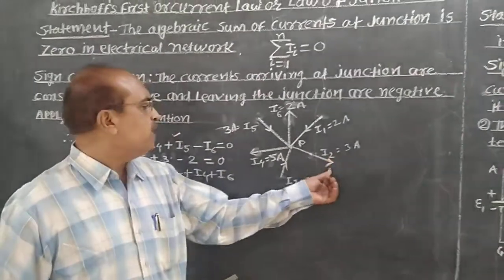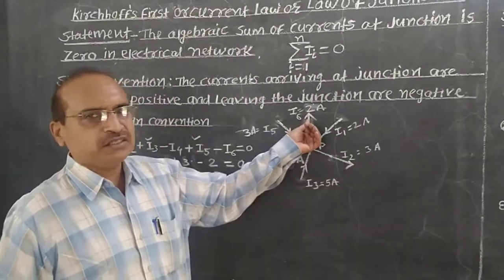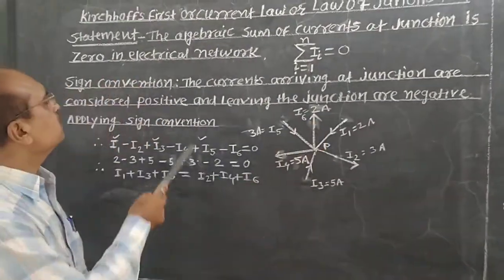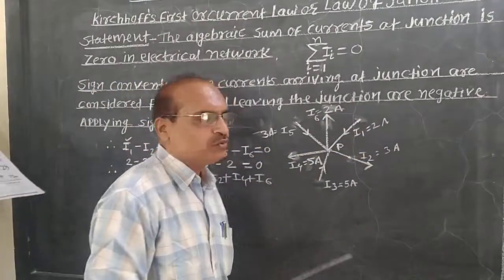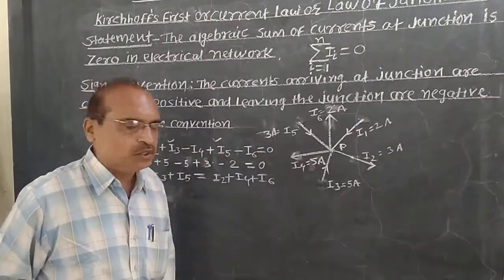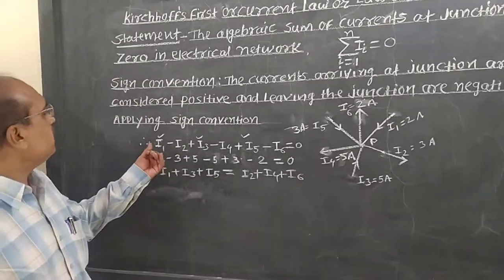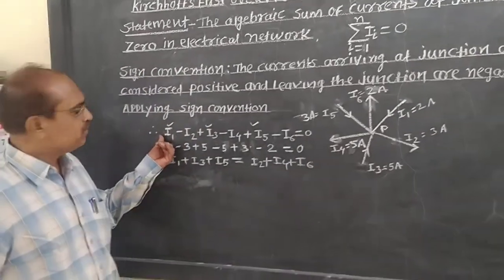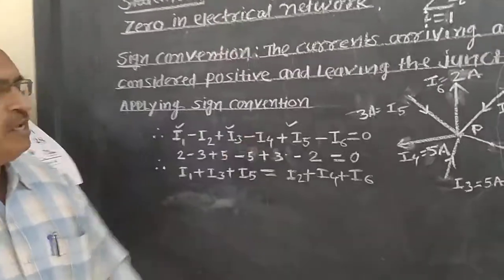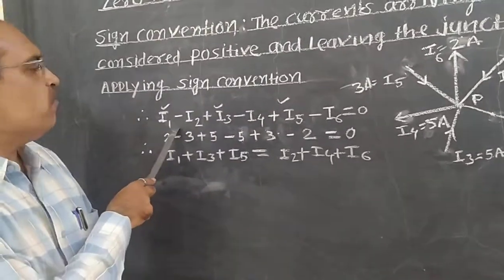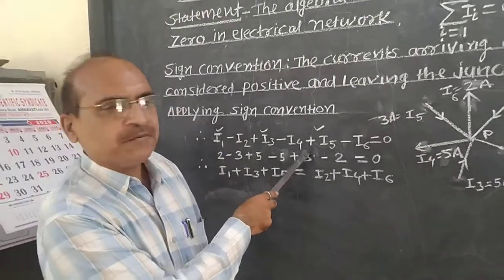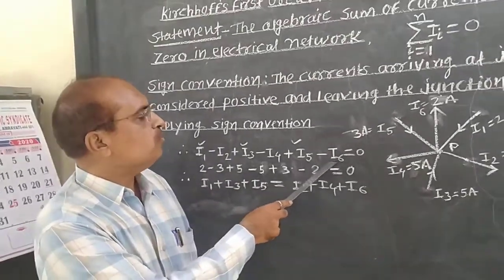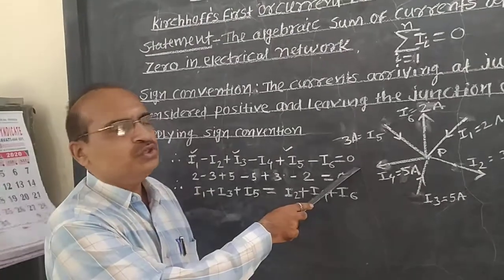Hence, I2, I4, I6 are negative, while the remaining are positive. So, from the sign convention, we find that I1 minus I2 plus I3 minus I4 plus I5 minus I6 equals 0.